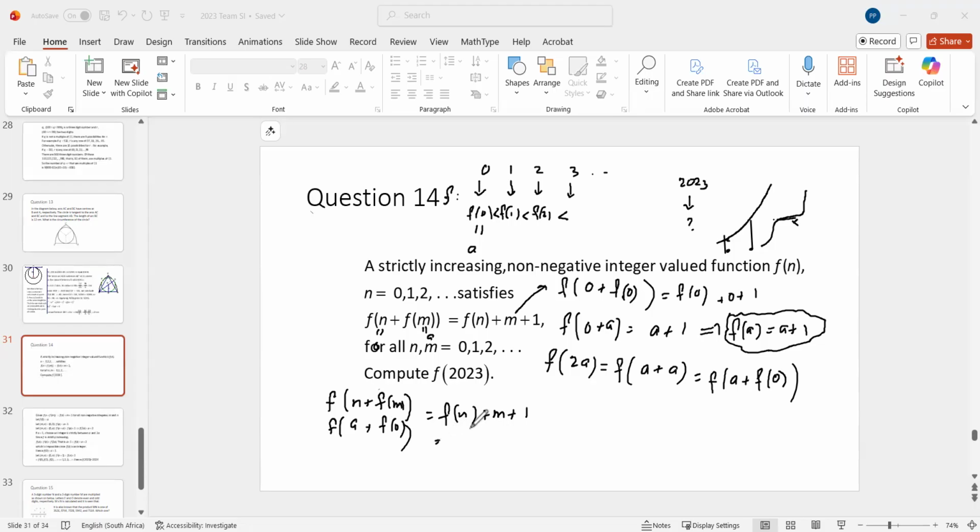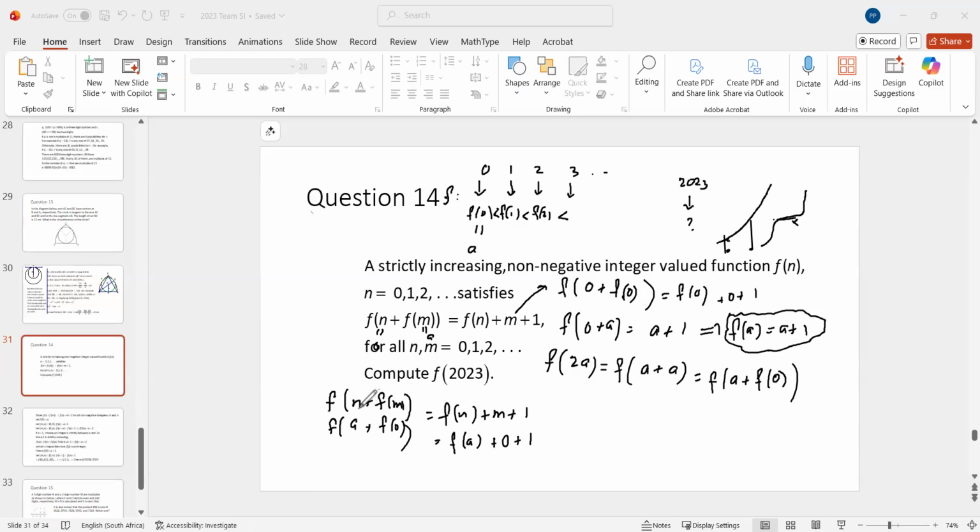And that's a formula. It says that the image of n plus f(m) is f(n plus m plus 1).